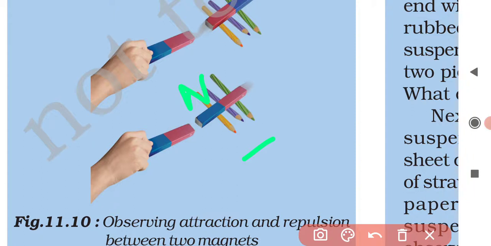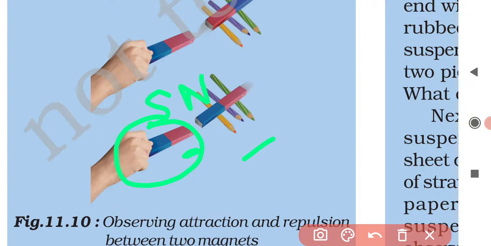And if we bring the other bar magnet nearer to the bar magnet which is placed over the pencil, that means here we have placed what? The south pole nearer to the north pole, right? If we bring the south pole of the handheld magnet nearer to the north pole of the magnet placed on the pencil, then what will we observe here?